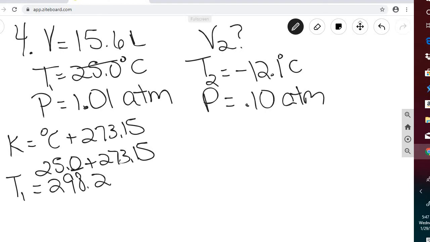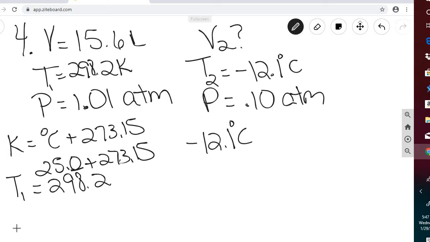Okay, so I'm going to replace this temperature with the temperature in Kelvin. And then the next one over here, T2, negative 12.1 degrees C plus 273.15. And that temperature comes out to be 261.1.